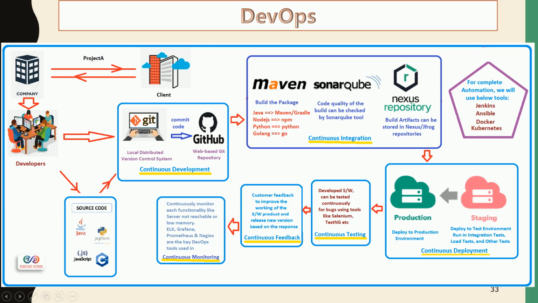Now they will start working on their laptop, that is your local distributed version control system, and then they can push their code or commit their code into GitHub. GitHub is a web-based Git repository, or we can say the central location where the coders can push their code. So this is your continuous development.